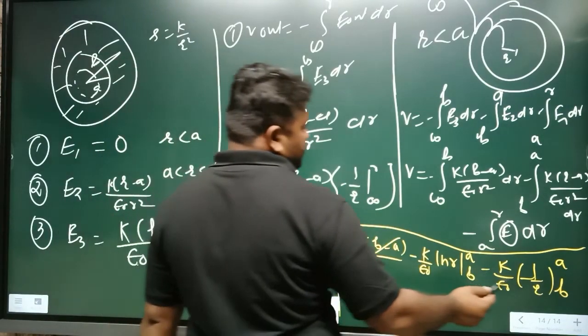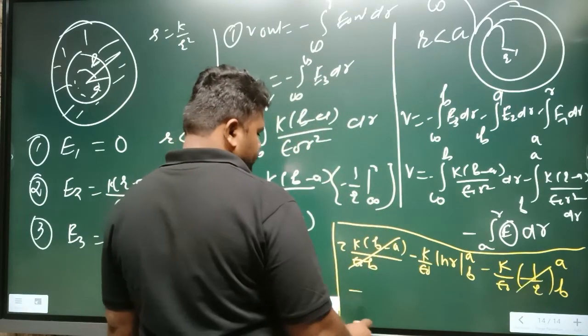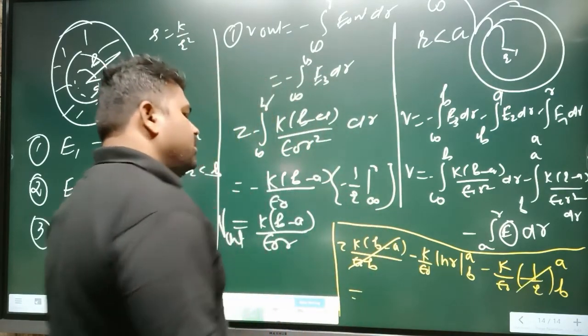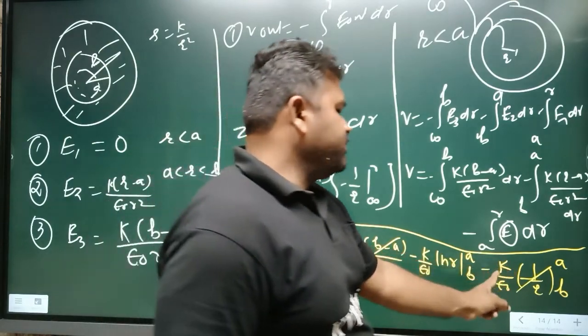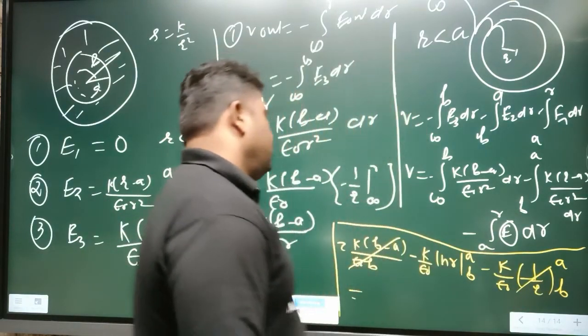This part gets cancelled, yes. First and third. See here, minus a upon b. Then a, minus minus becomes plus, a upon b.